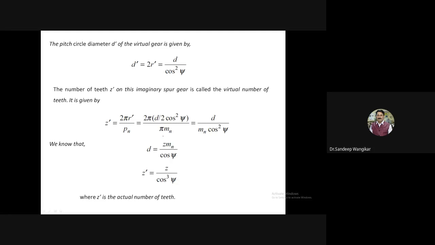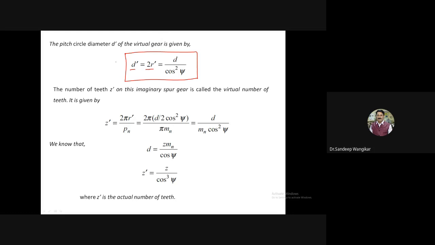Here you can see, we have R value. So I can say we have pitch circle diameter is equal to 2 times R dash. So what is R value? D divided by 2 cos square psi. So it is 2 times, therefore 2 get cancelled. You will get D dash is equal to D divided by cos square psi, where pitch circle diameter D dash is for virtual gear.